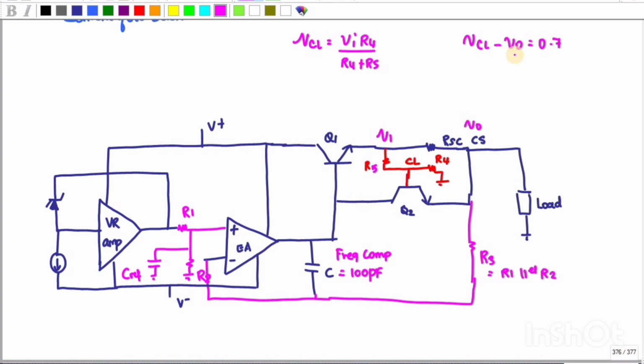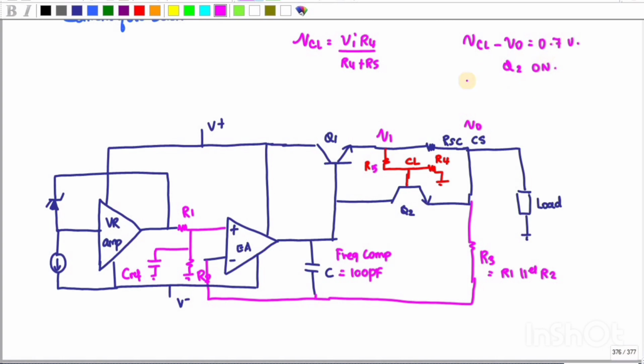Let me assume that this voltage reaches the value 0.7 volt, and it will make my Q2 turn on, right?